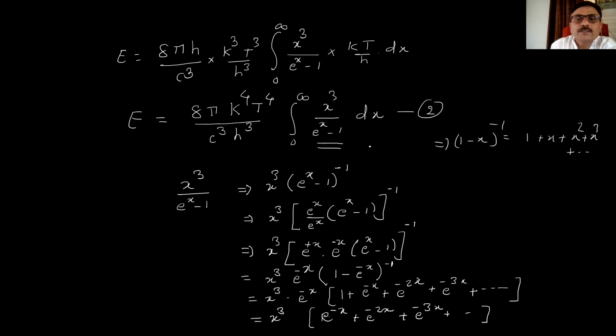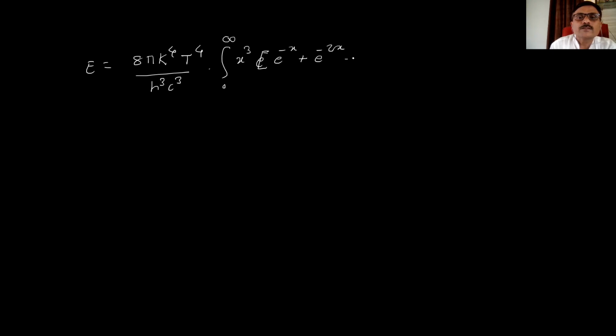So if I use this expansion in this equation, I will get the total energy density E equal to 8 pi k raised to 4 T raised to 4 divided by h cubed c cubed, into integration 0 to infinity of x cubed into bracket e raised to minus x plus e raised to minus 2x plus e raised to minus 3x and so on, with respect to dx.